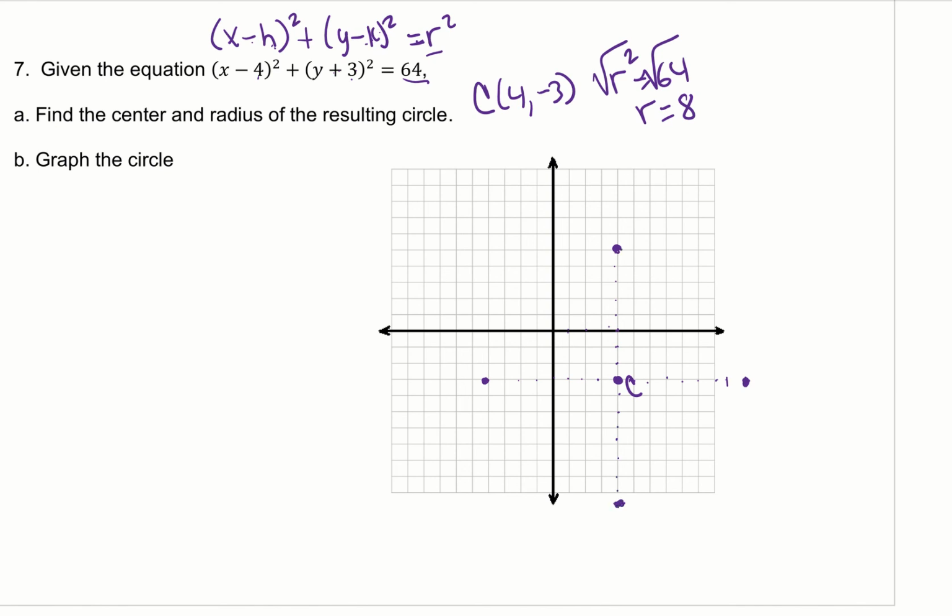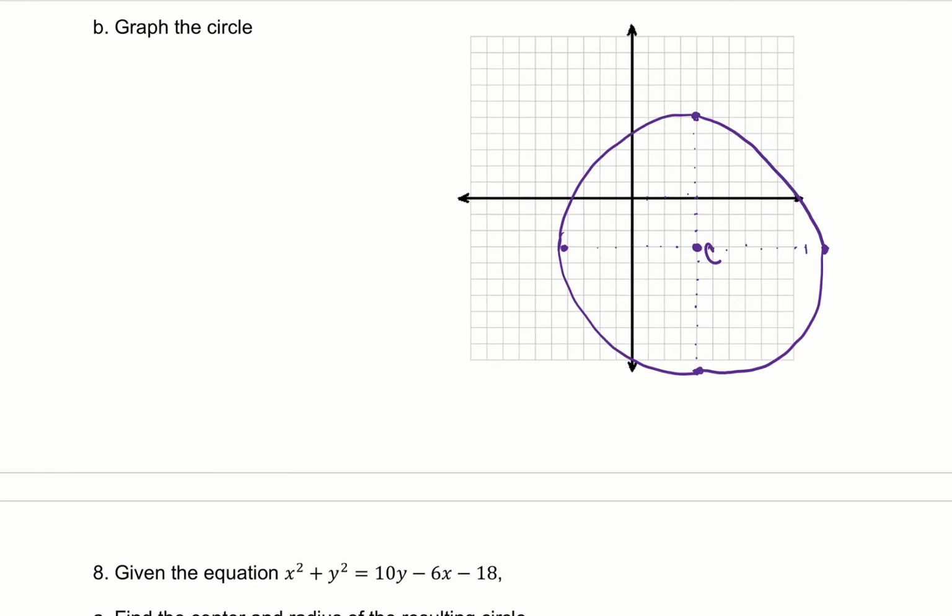Then you go ahead and draw the circle the best you can. And there's my circle of radius 8.